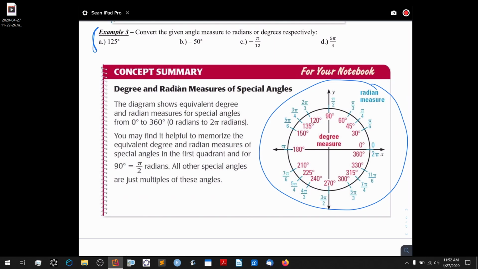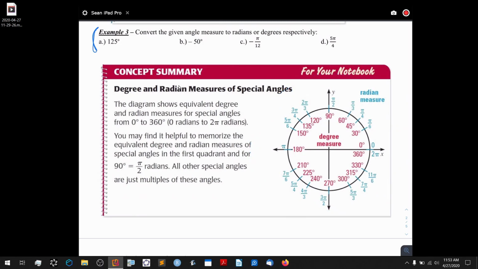I recommend understanding how can I quickly convert a radian angle to degrees so I can visualize in my mind how big it is, or just work directly in radians and you don't have to even convert them, just understand where they are in the coordinate plane. Okay, so this is super important. If you don't know how to quickly convert degrees to radians and vice versa, then you are going to be really stuck when we start doing our other trigonometry.